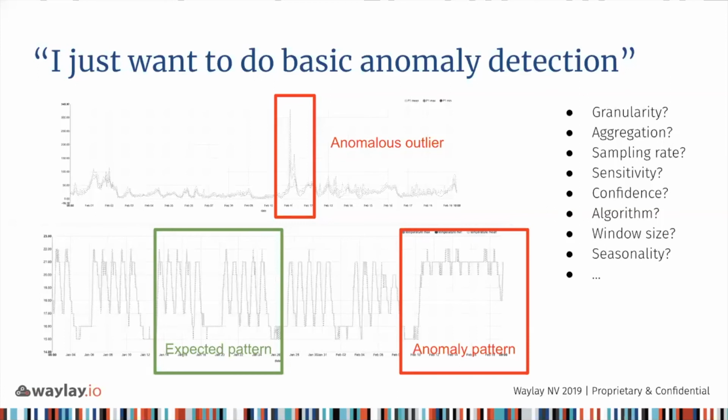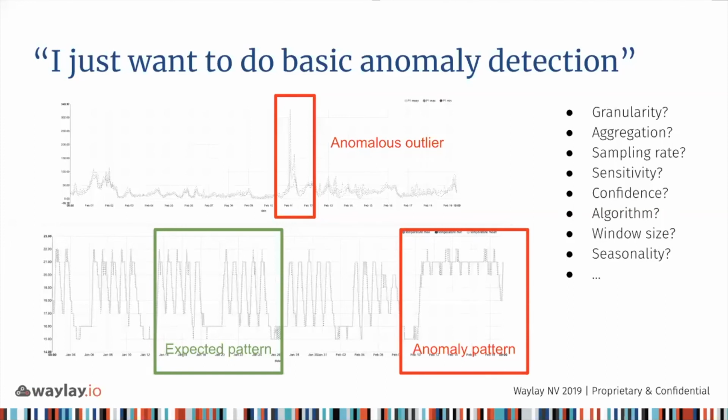For example, on the top, you see an anomalous outlier, right? You see a clear peak there when you zoom out of the data, right? And the zooming in and zooming out here is an important concept because you're looking at a certain time frame where you want to basically detect outliers or anomalies and want to take action on that, right?